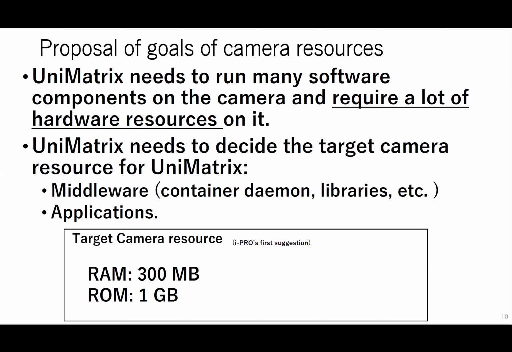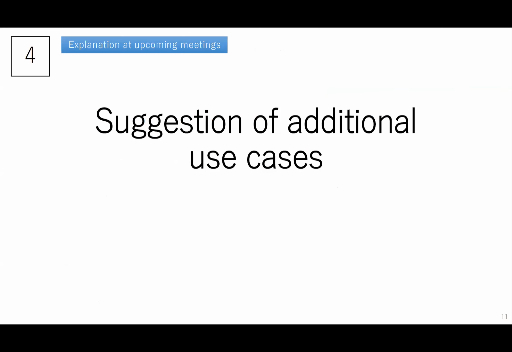The target camera resource includes middleware and applications, and middleware includes the container daemon and libraries, etc. This is iPro's first suggestion: RAM 300 megabytes and ROM 1 gigabyte. It's just an example, a start point value. Yes, that's all for the items we would like to discuss today. Thank you.